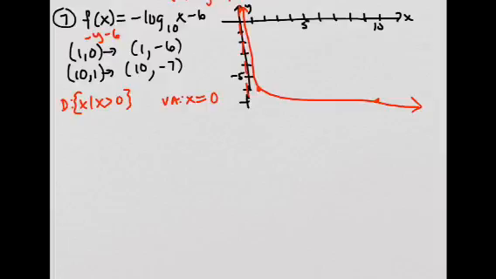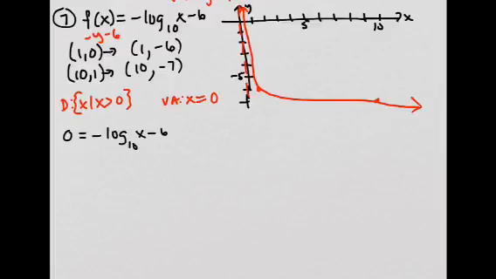The intercept, we want to know where it crosses the x-axis because it's not going to cross the y-axis. So we know that on the x-axis the y is 0, so we're going to make f of x equal 0 and then solve this equation right here.